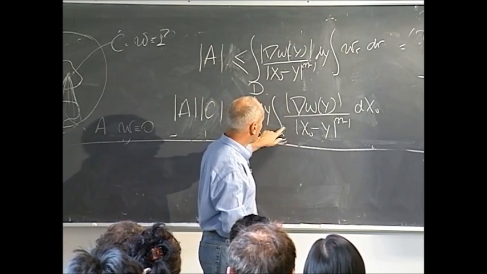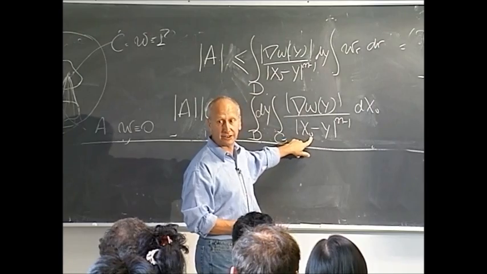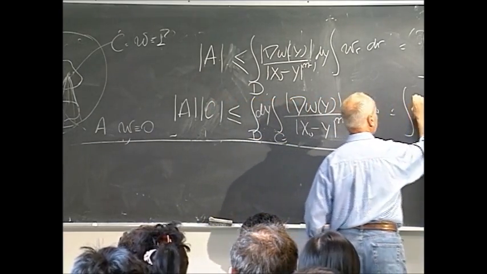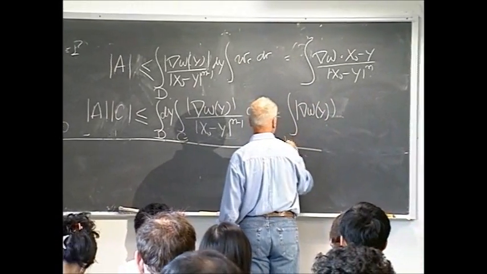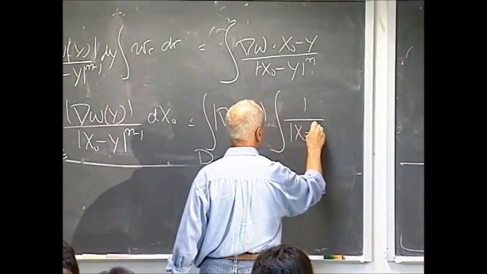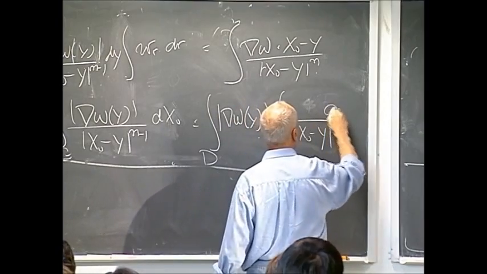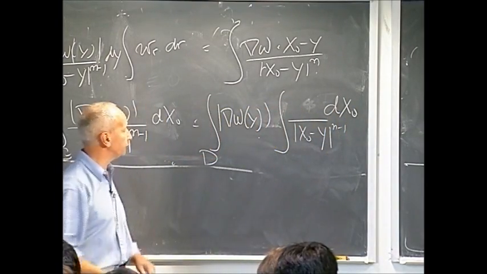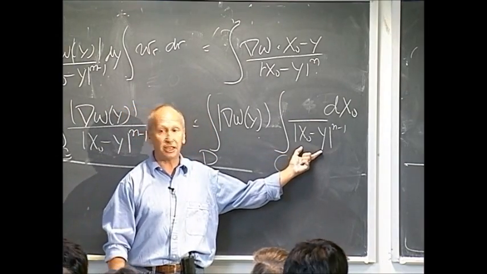And so among all the sets of the same measure, this is a radial decaying function. So this is the integral of gradient W of y on D, times the integral of 1 over |x0 minus y| to the n minus 1 dx0 on C. But this is a radially symmetric decreasing function.